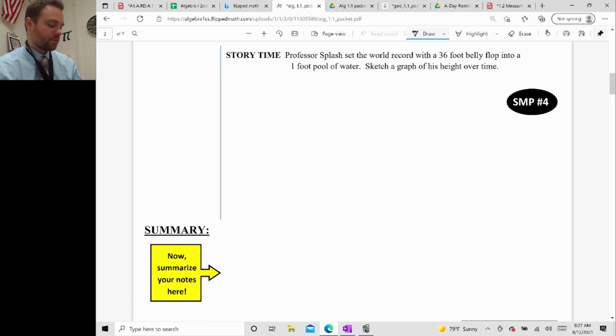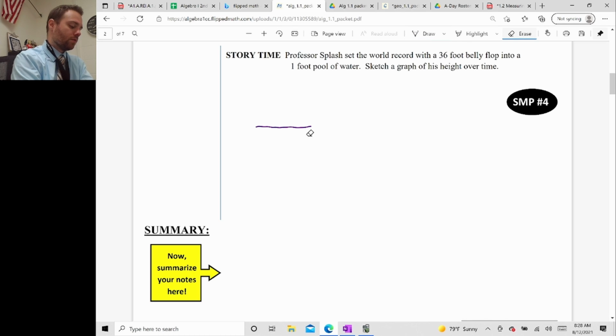And then we've got this little story time. It says Professor Splash set the world record for a 36-foot belly flop into a 1-foot pool of water. That sounds very unfun. Sketch a graph of his height over time. So if I want to think about somebody that's going to dive into a pool, I don't know how you become a professor of splashing, but right, there's our diving board.